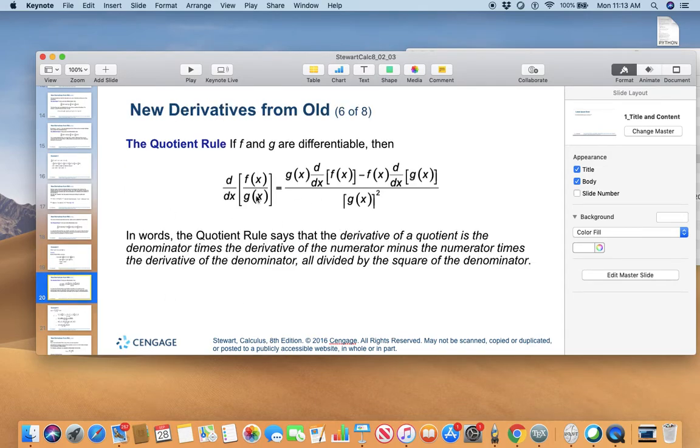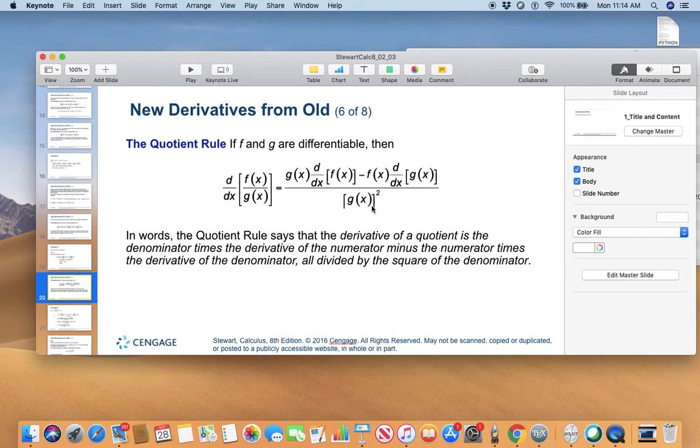All right. What about the quotient rule? The quotient rule is a bit more complicated, but the notion is the same. Denominator squared. First step, square the denominator. The numerator is: take the derivative of the top first, denominator as it is, minus numerator as it is, derivative of the denominator.